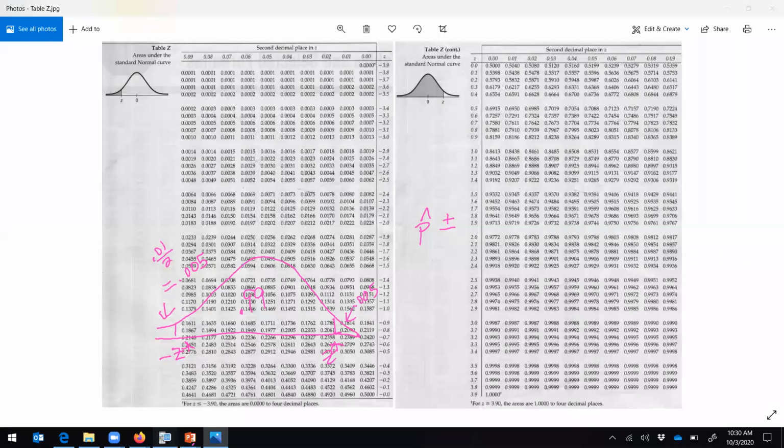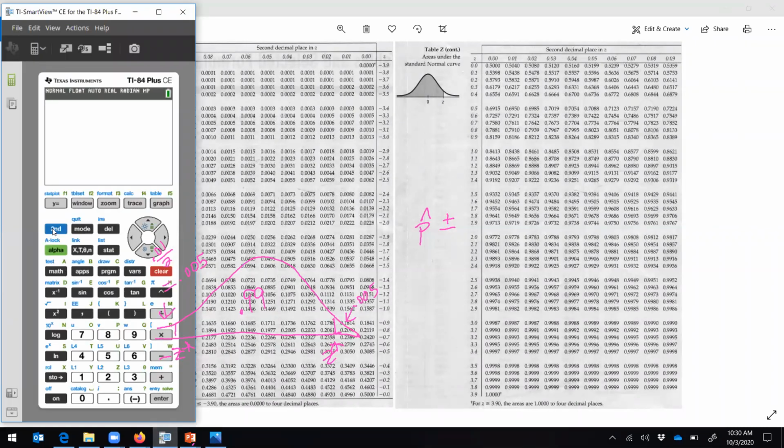The way that I would use my calculator is I would go second and the distribution and do inverse norm. And the area on the left is that 0.005. It's a Z-score that I'm looking for, so the mean is 0 and the standard deviation is 1.